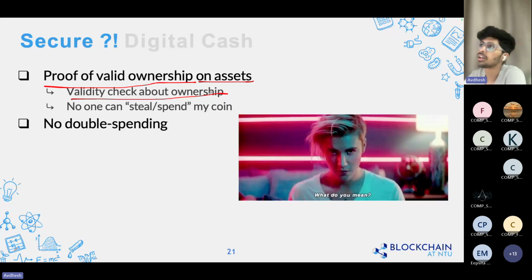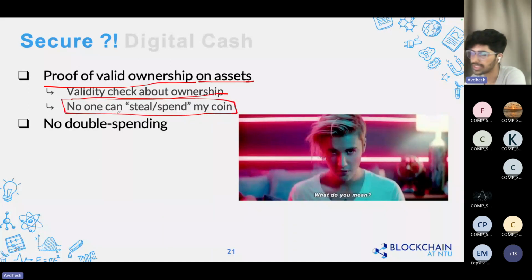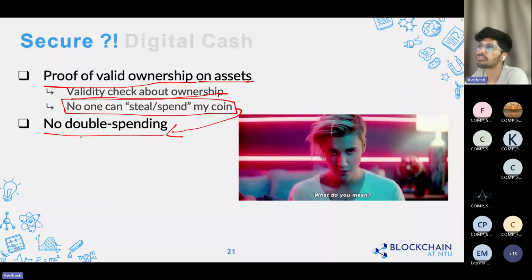That's one of the few problems that every digital cash before Bitcoin had. How do you really know that no one can steal your asset online? And also that no one can steal or spend my coin. That is something which we call in a CS background double spending.